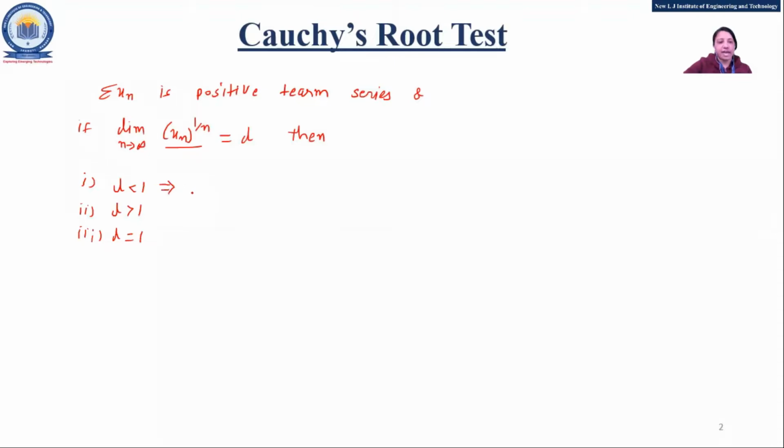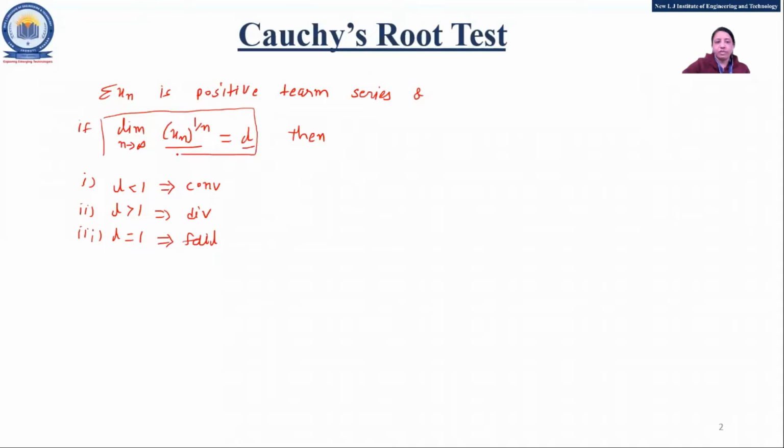If the limit L is less than 1, we can say that your series is convergent. Either it will be divergent or the test is supposed to fail. So you need to find un raised to 1 by n equal to L. Depending upon the value of L, the series is either convergent, divergent, or the test fails, right? So you need to remember this for all the cases.